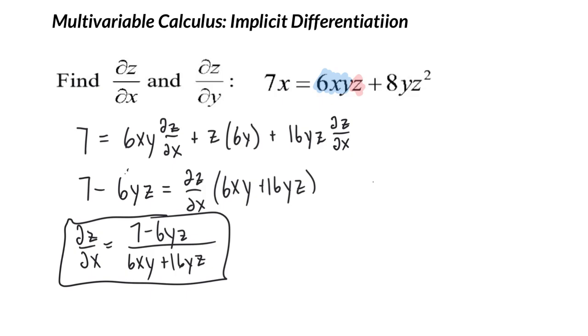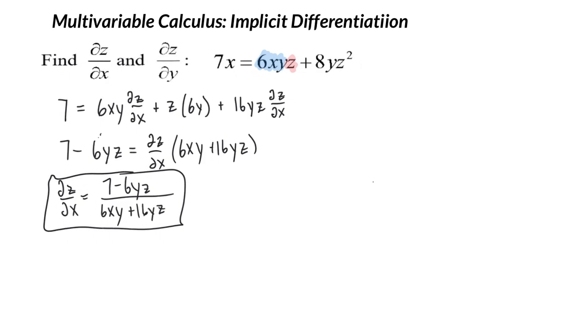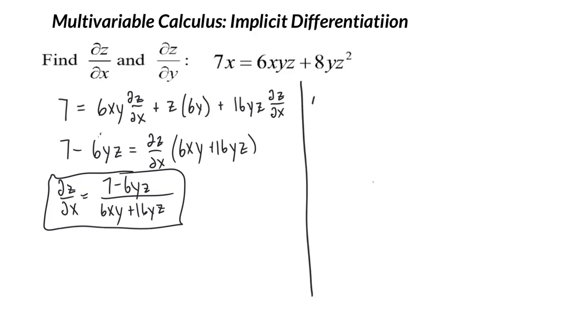Next, let's tackle dz dy. Just do that to give myself a little more room. Okay, if we are going with respect to y, then we are treating x as a constant, and therefore the derivative of 7x will just be 0. And once again, on this other side, I'm going to need a little bit of product rule.